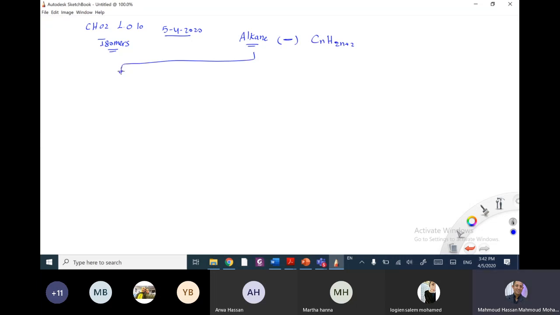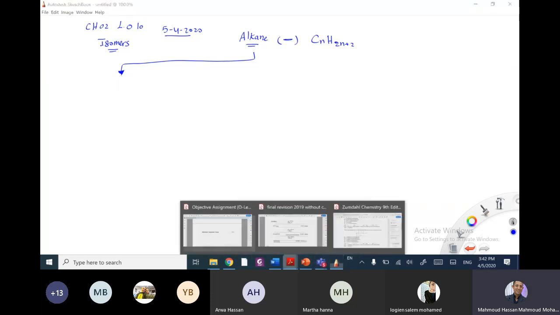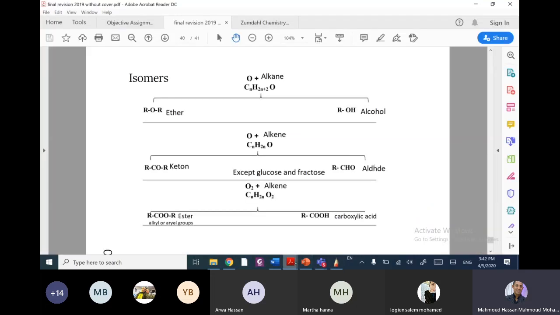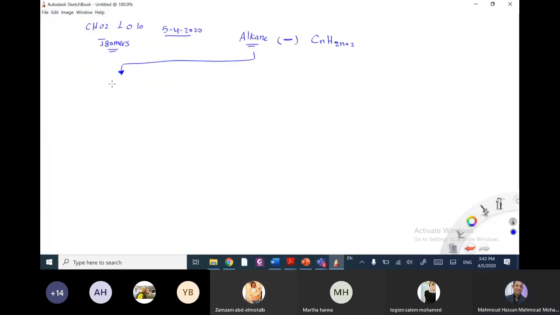Maybe you will find alkane plus O, like in this example. Alkane plus O gives us maybe ether, maybe alcohol.